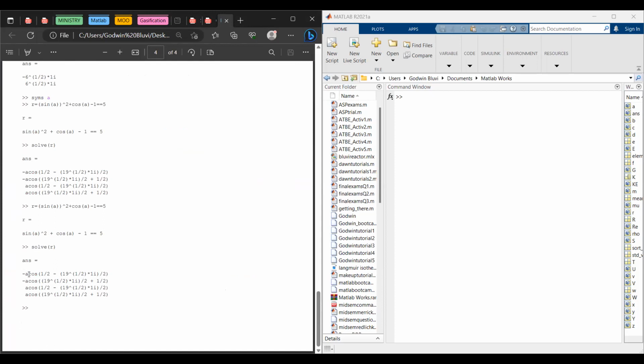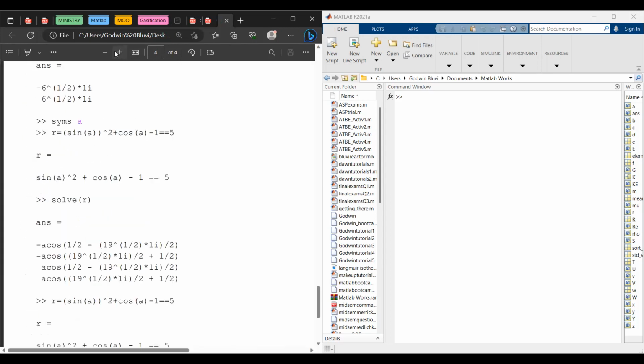I thought maybe the A there means cos inverse. Yes, the A in acos is cos inverse. Do you understand now? Yeah, I get it now. The A there means cos inverse.